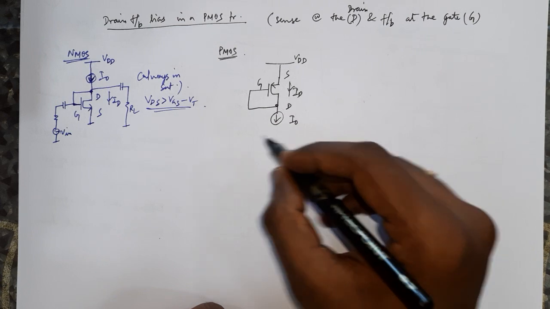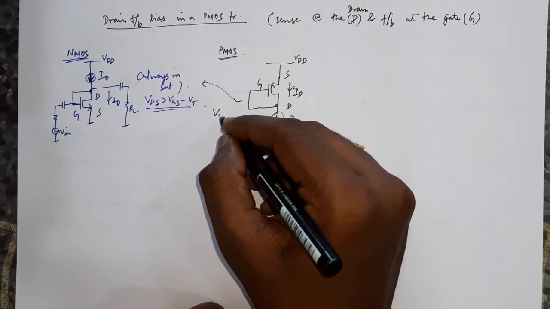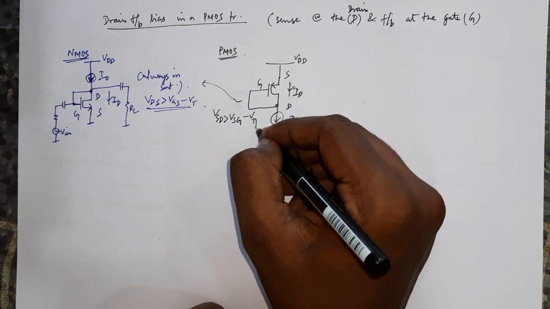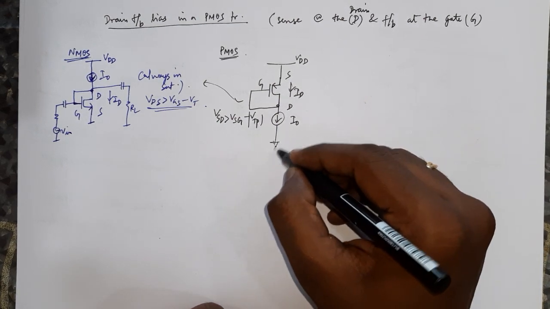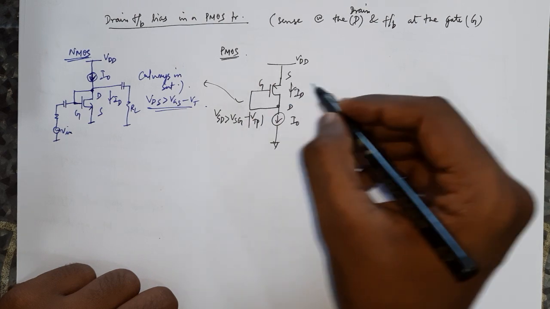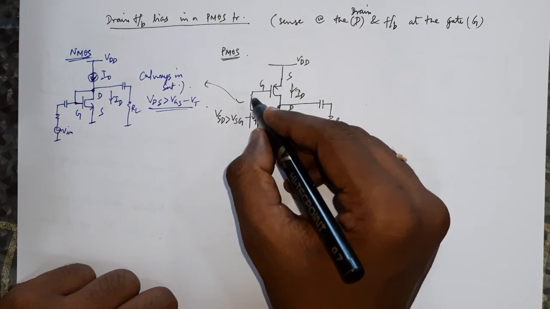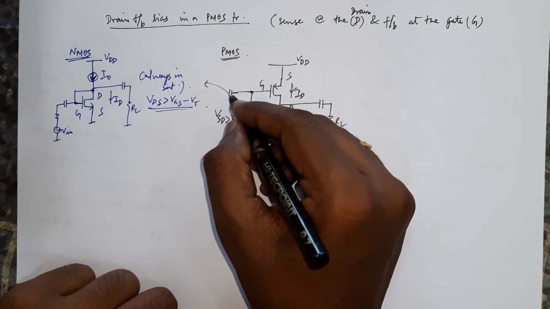This transistor also is in saturation, and the condition is that VSD is greater than VSG minus VTP. It's always true, and this potential is connected to ground. Then I add my source and load here, and the source will be added to the gate.